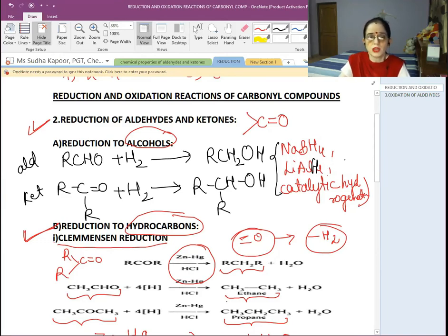Now let us come to the third heading, that is oxidation of aldehydes and ketones. Many times it should be remembered that the formation of product depends on the type of reagent used.